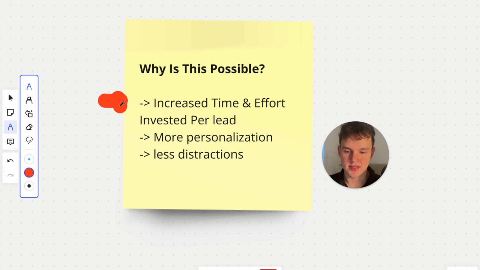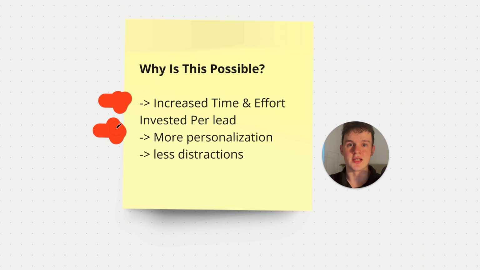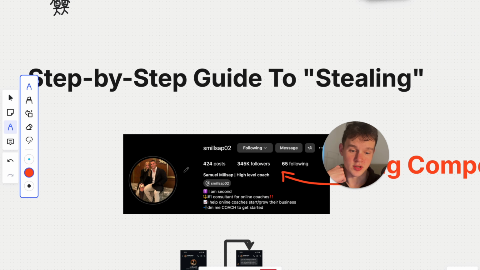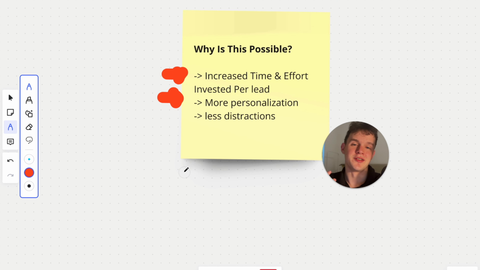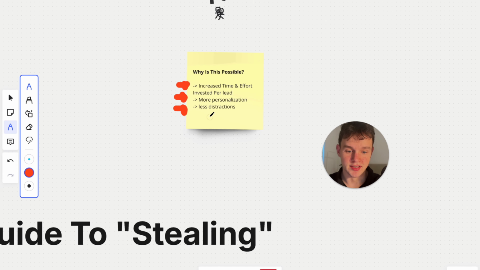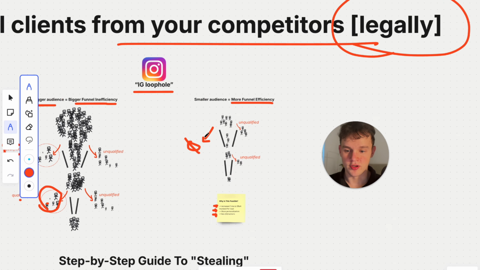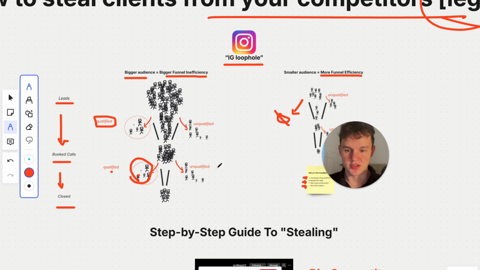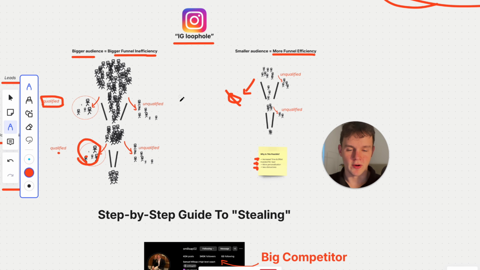You have more personalization, which means that leads will be more personally invested in actually getting on a call with you, because you can leverage the fact that you are personally speaking to them instead of having automated messages in place like a lot of big accounts do, which are not really tailored to your prospect's exact situation. And then the last one is you have fewer distractions, distractions being other leads, other people that are vying for your attention. So having established this, you have an advantage because you have more funnel efficiency.